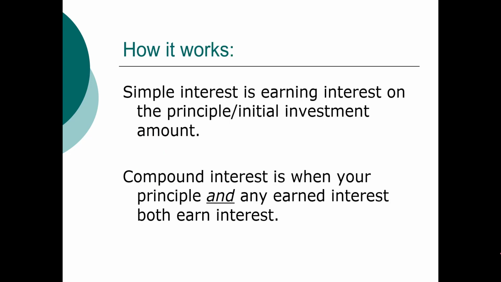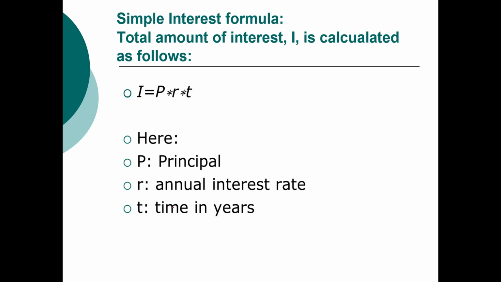Simple interest is earning interest on the principal, or the initial investment amount. Compound interest is when your principal and any earned interest both earn interest, meaning interest earned from the previous period will earn interest in the future.